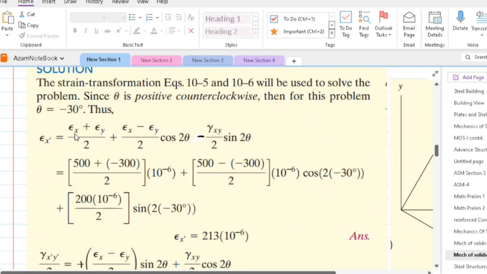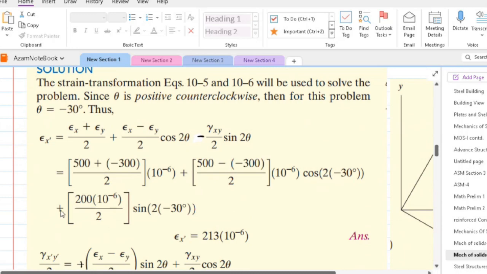So plugging the values in this expression, we get 500 plus minus 300 divided by 2 with a 10 raised to power minus 6 taken as a common factor in the first term. Then as per the second term, we have 500 minus minus 300 by 2 and again 10 raised to power minus 6 taken as a common factor times cos 2 times minus 30 degree plus 200 into 10 raised to power minus 6 by 2 times sine 2 times minus 30 degree.